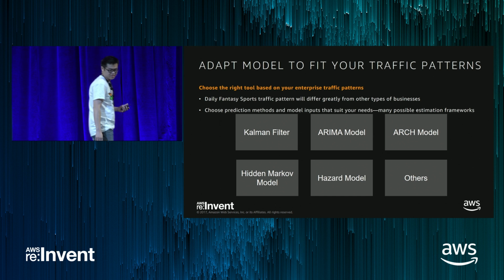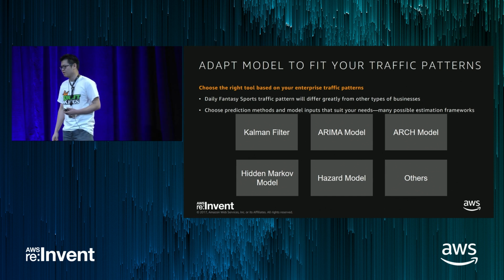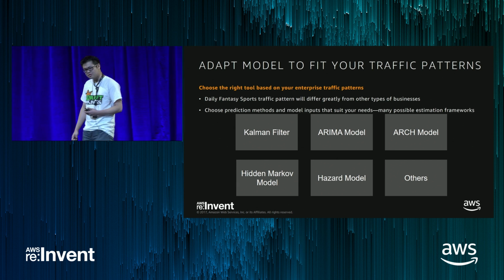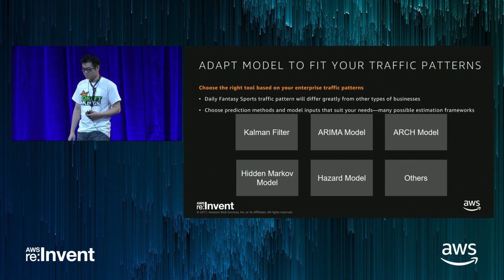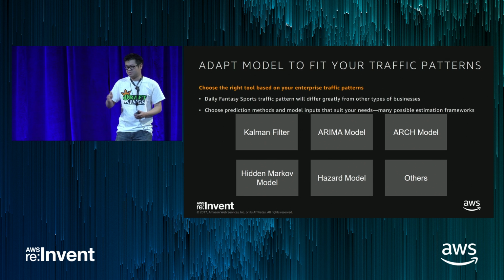Another example I can think of is, well, I used to work in e-commerce before I worked at DraftKings, and I can tell you that those traffic patterns, if you're in e-commerce, say Amazon.com, follow a very predictable and cyclical pattern. Intra-week, if you look at Sunday, Monday, Tuesday, Wednesday, that traffic pattern week over week is very, very consistent.